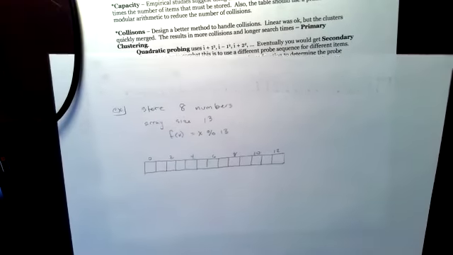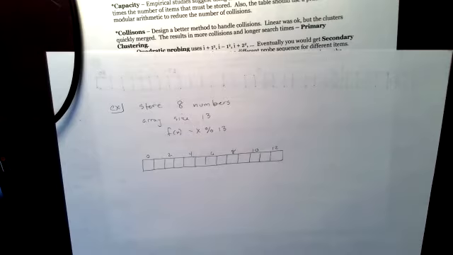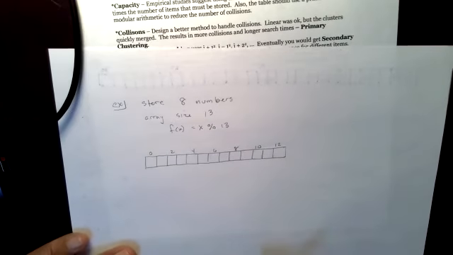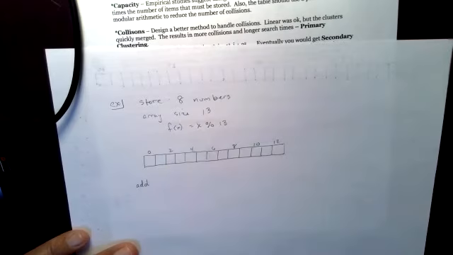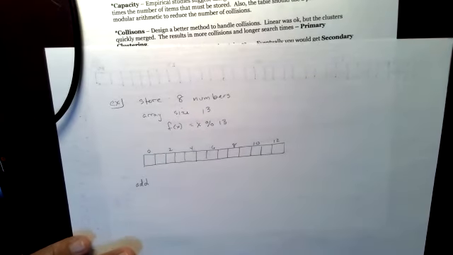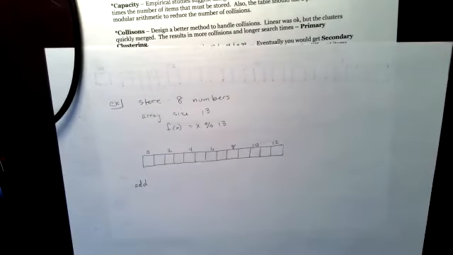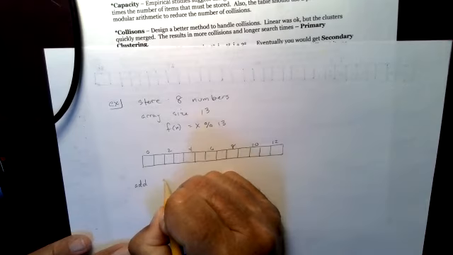Help me out. Give me a number I want to put in this hash function. The range of numbers can be anywhere from 0 to 100. 25.